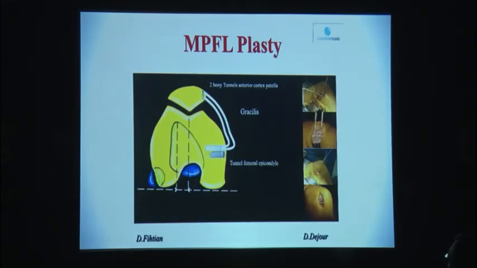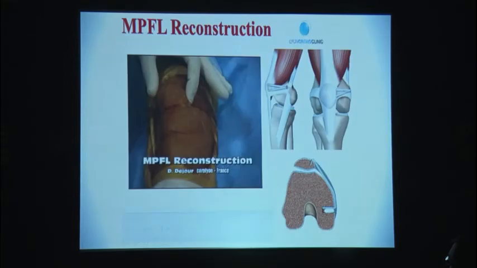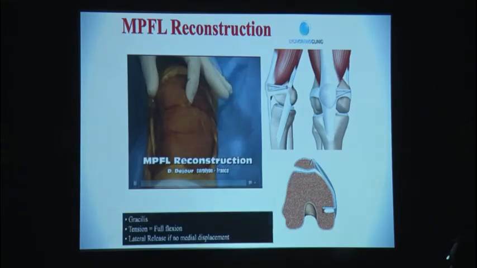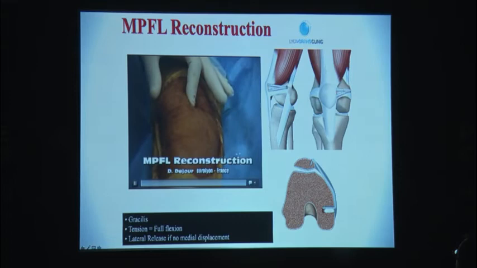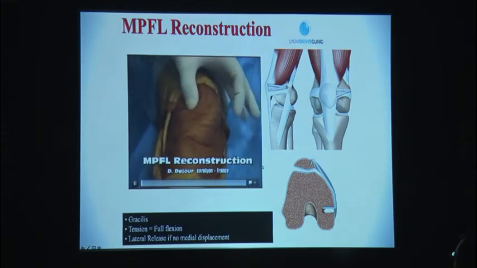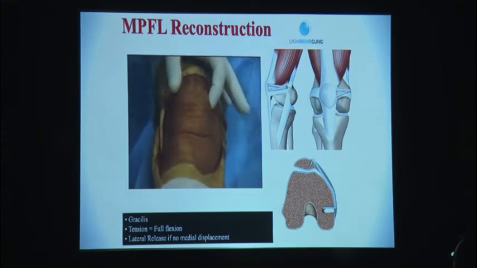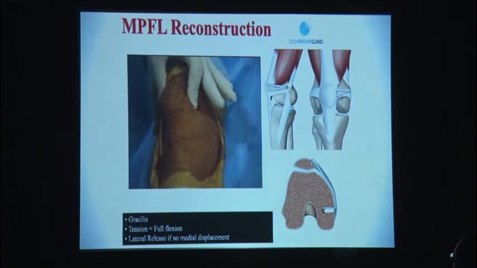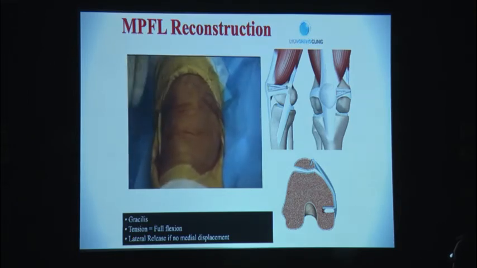So the MPFL reconstruction or plasty has some principles, some bony tunnels on the patella side. Personally, I don't like to put any anchors or hardware material on the patella side, and I use an interference screw in the anatomic position. This is the way I do it, and first I test the medial-lateral displacement of the patella, and I would say that this is a quadrant test.